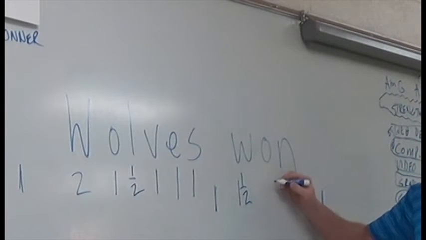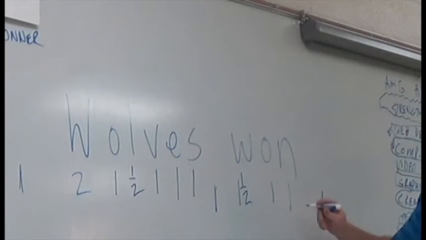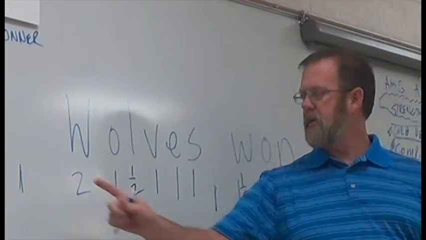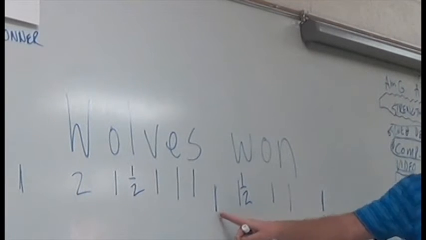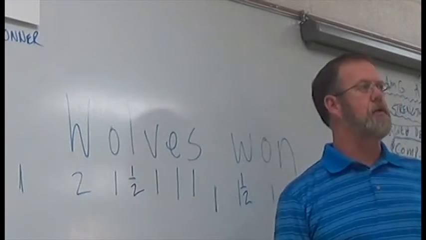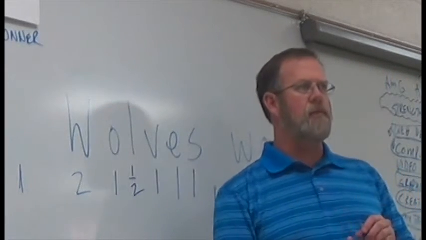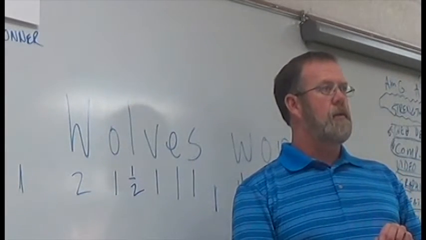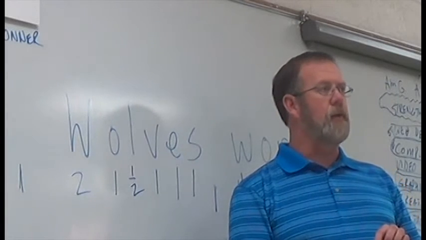O and N. Okay, so we've got our borders taken care of, our space between the words taken care of, and now we've measured our letters. Have we got all of the width of our paper accounted for? No. What are we missing?